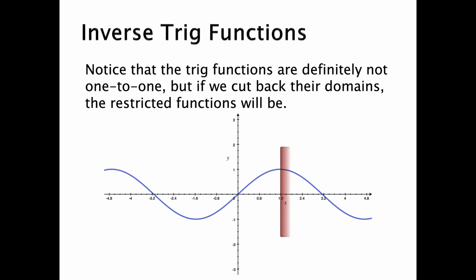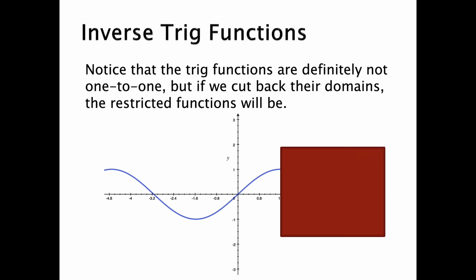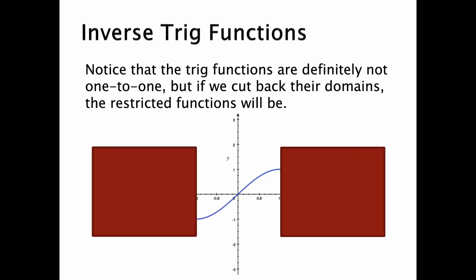But if we erased part of the graph, then we would have just a piece that, if we drew horizontal lines through it, would be a one-to-one function. So for each of our trig functions, we'll have to cut back the domain so that we have just a part of the graph, and that part of the graph will be one-to-one.